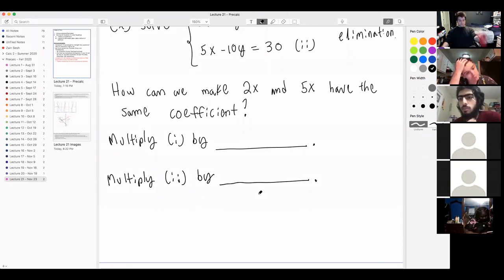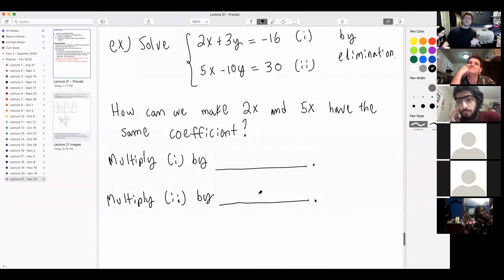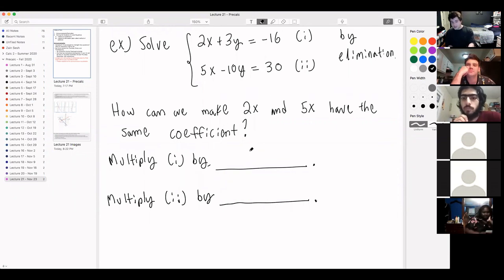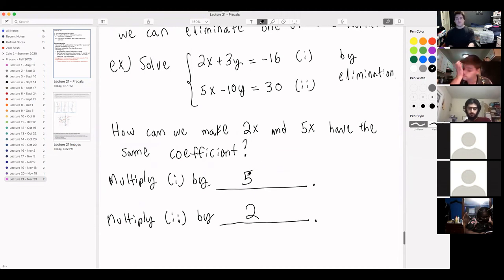Just multiply 5 by 2 and 2 by 5. Get them to have 10x. Right, so you want to multiply equation 1 by what? By 5. Okay, that's good. And you want to multiply equation 2 by what? By 2. Good. That's the right thing to do, because if I multiply equation 1 by 5, that will create a 10x.